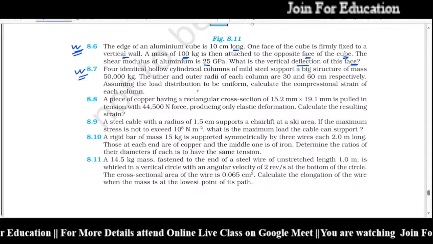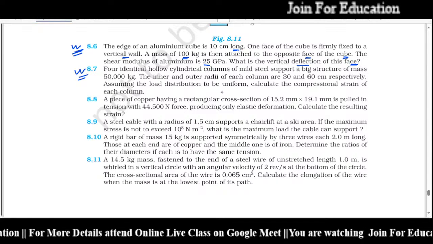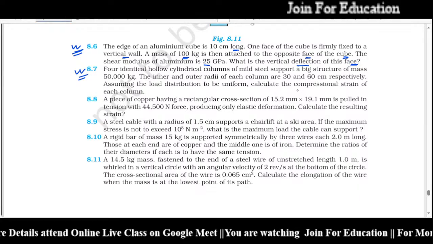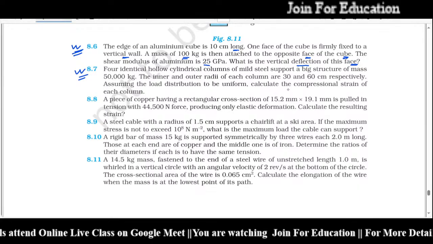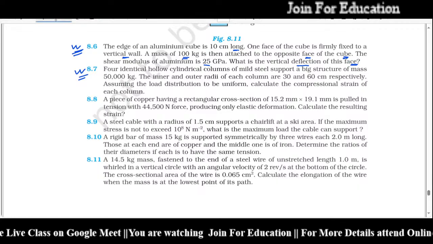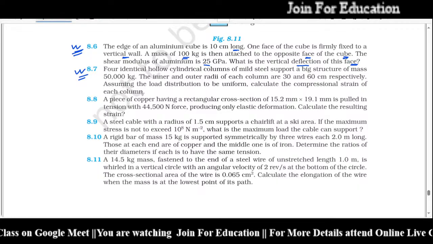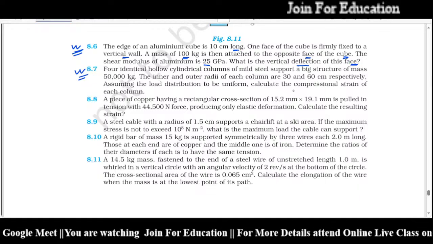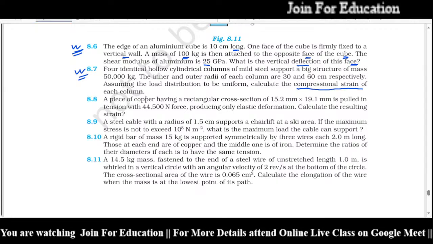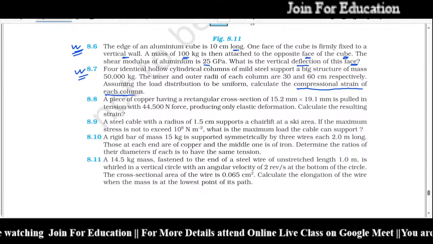Assuming the load distribution to be uniform, calculate the compressional strain of each column. So this is a very easy question. This question asks us to calculate the compressional strain of each column.